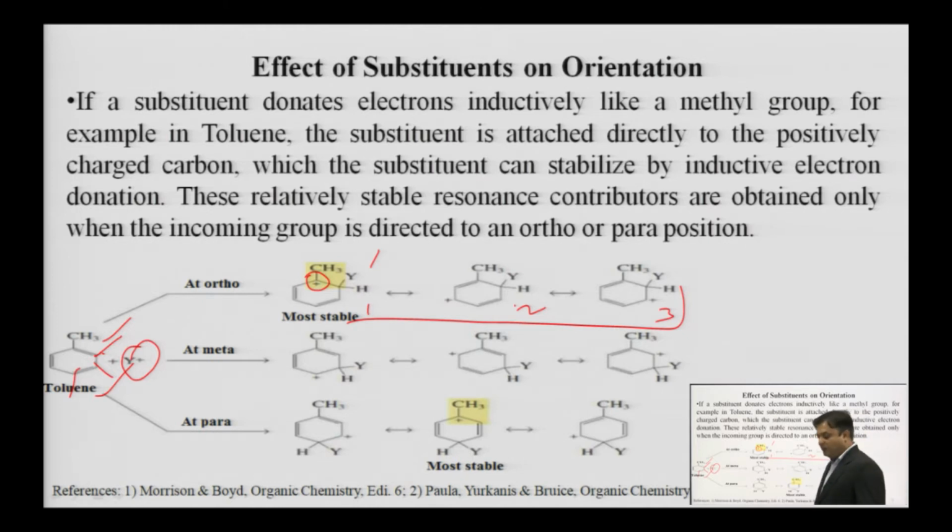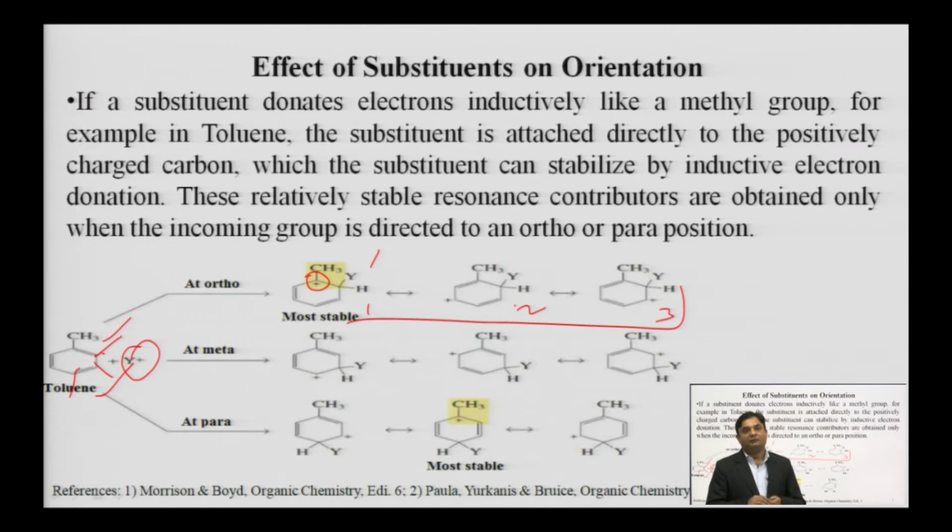We have to take care of 2 or 3 points. First of all, if we are going to check the stability of a carbocation, then we must take 2 or 3 precautions. Number 1, the more the number of resonating structures, the more stable the carbocation.